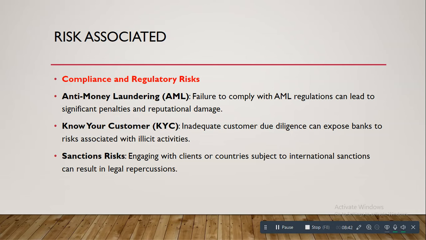So bank A does not know the customers of bank B that well. So there is always a risk of a customer claiming to be someone else, and in the end they might turn out to be someone else, or a business claiming to be someone else and turning out to be something different. So there is this AML KYC risk.